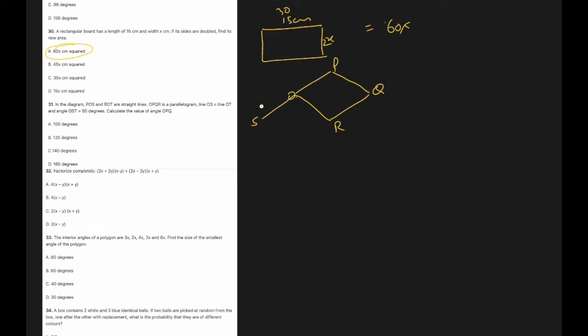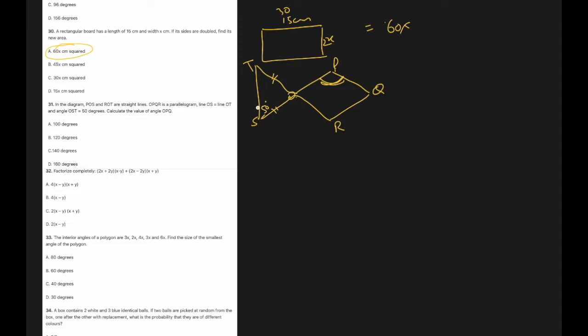That means S is here. Okay, ROT is also a straight line. Line OS is equal to line OT, and angle OST is 50 degrees. Calculate the value of angle OPQ. This one is to be found out.